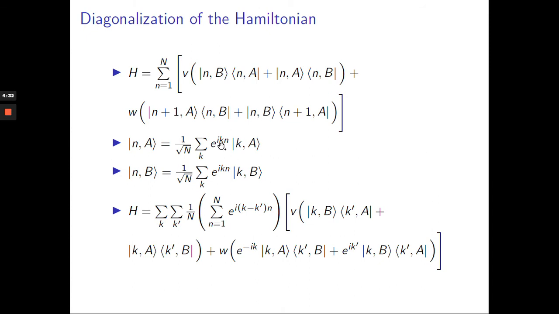And so we will write this Hamiltonian in this basis. To do that, we simply substitute this relation here, and we look at what we get. Substituting, it's very straightforward to obtain this expression.